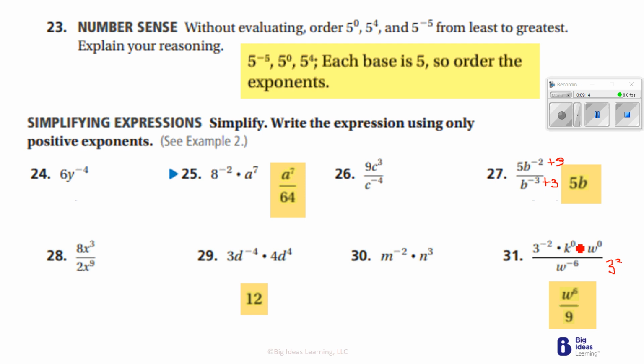This is to the 0 power, so this is 1. That's going to get multiplied to W, well, actually 1 again, right? And then times W to the negative 6, so that's W to the positive 6. Anything times 1 is itself, and that's why we got W to the 6th power over 3 to the 2nd. 3 times 3 is 9. That's how we got that one.